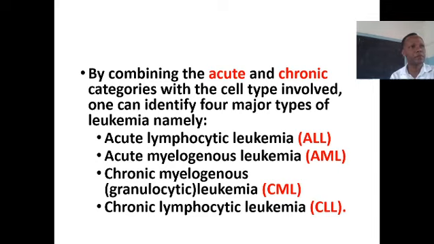Ya pili ni acute myelogenous leukemias, AML. Ya tatu ni chronic myelogenous leukemia, CML. Fourth one, chronic lymphocytic leukemia, CLL.